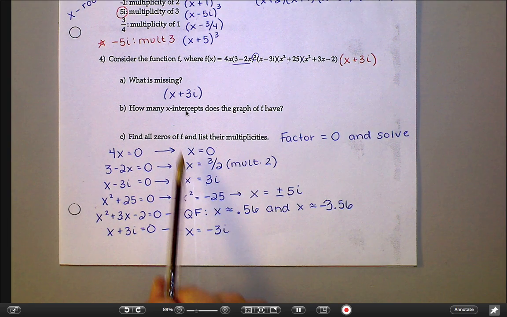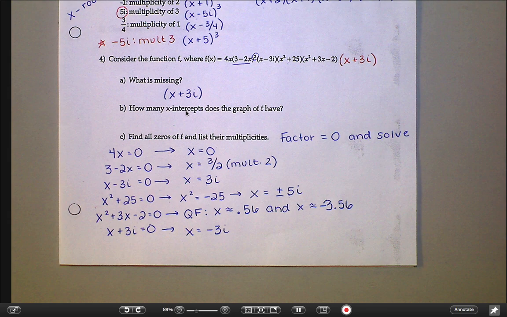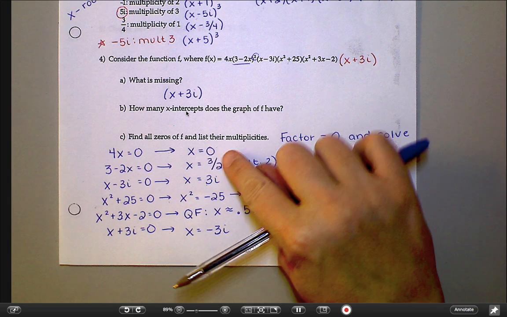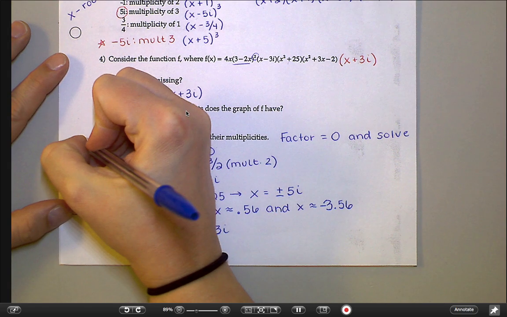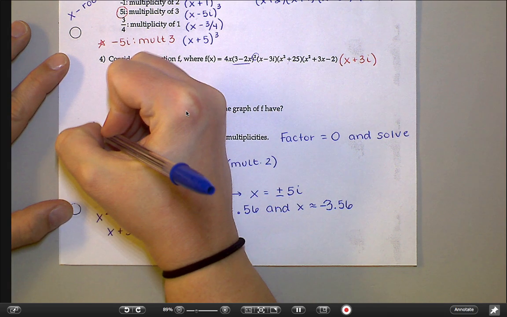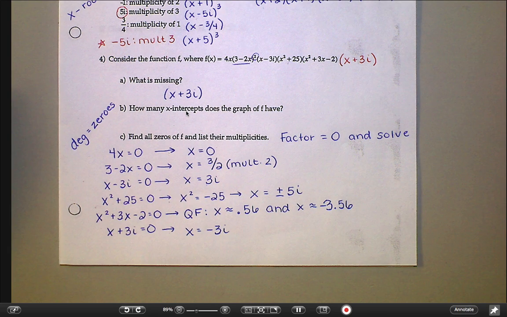Just before I go back to question B, take a look at all of the different roots you came up with here. One of the questions that could come up on something like this is, what's the degree of this whole thing? Remember that the degree always has to match the total number of zeros, including all the multiplicities.